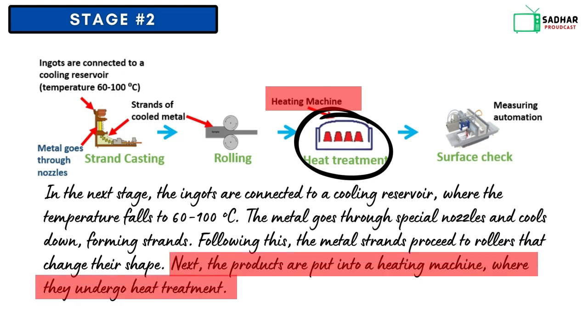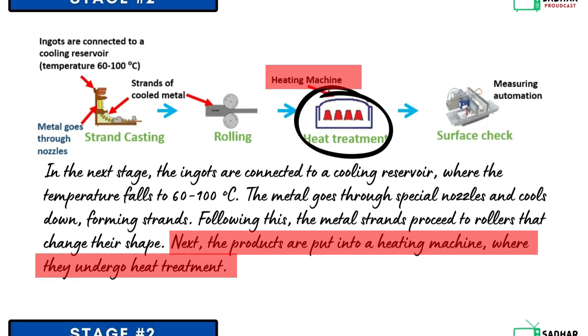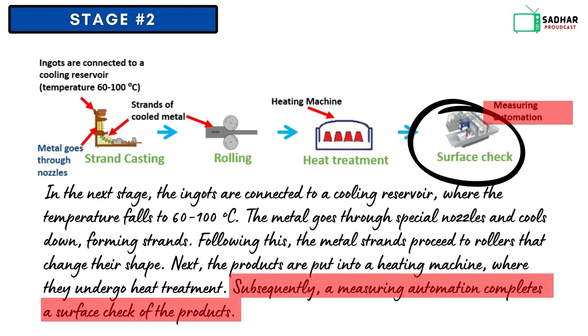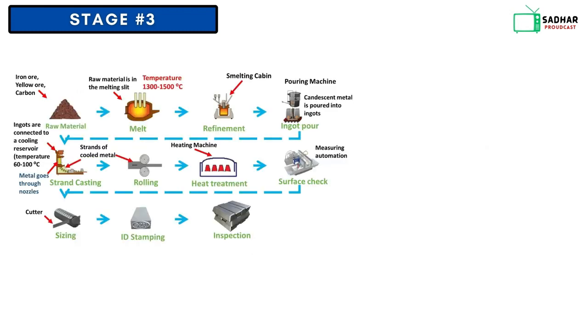So we can write, next, the products are put into a heating machine where they undergo heat treatment. And then as the last step, we have surface check, measuring automation. So we can write, subsequently, a measuring automation completes a surface check of the products. So that's it for stage 2.